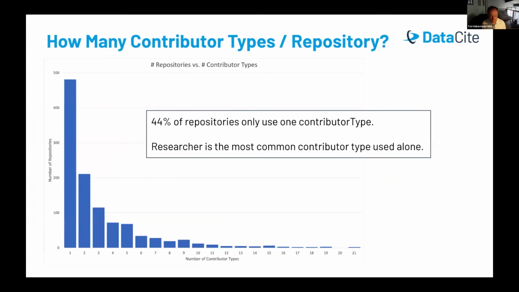How are repositories using contributor types? One way to answer that, or one aspect of that answer, is to see how many they're using. 44% of the repositories only use one contributor type. And in those cases, researcher is the most common contributor type used by itself. So many repositories only acknowledge contributors as researchers.